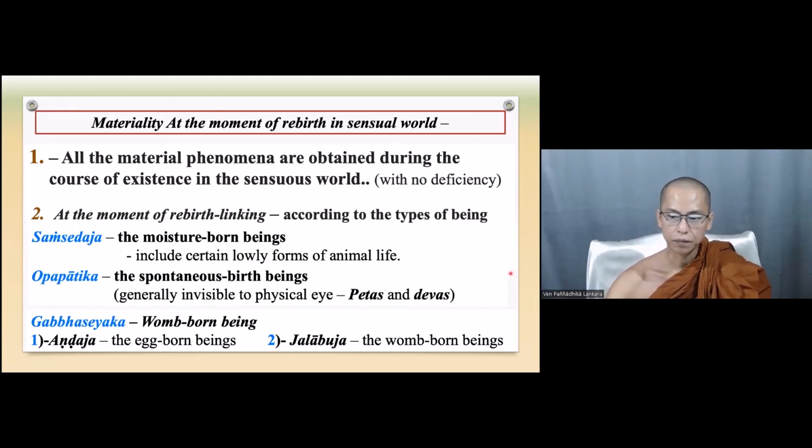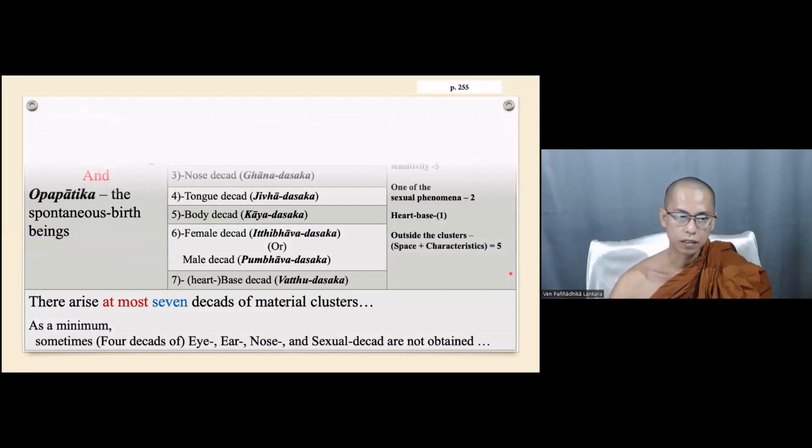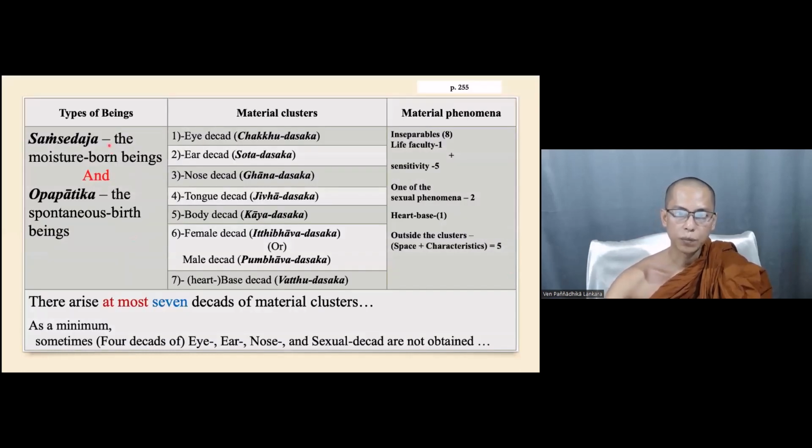Okay, let's see the difference. Here are the types of being, the material clusters and material phenomena, in three columns. First of all, the Samsedaja, the moisture-born beings, and Opapatika, the spontaneous birth beings, have the same material clusters at the moment of rebirth.